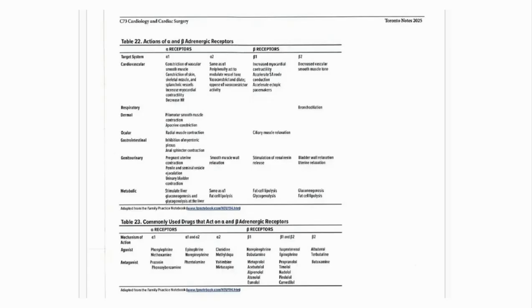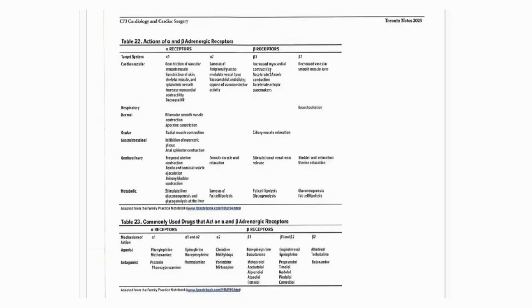Eye. In the eye, alpha-1 stimulation contracts the radial muscles of the iris. This causes mydriasis, or pupil dilation. Importantly, accommodation is not affected.